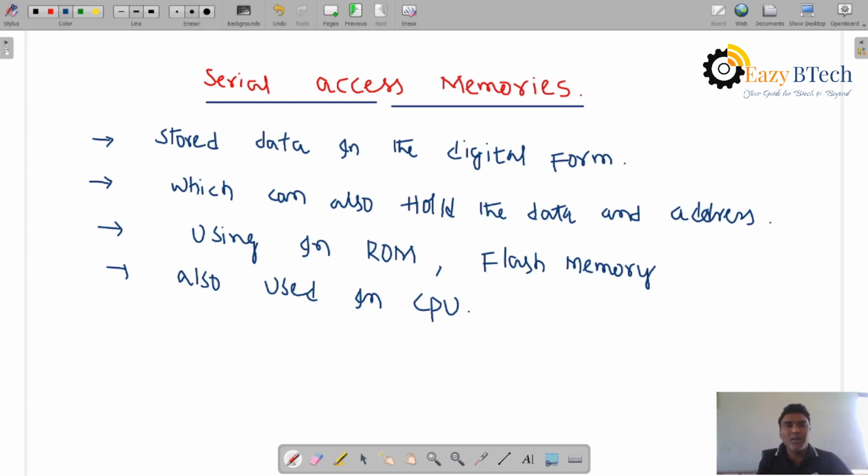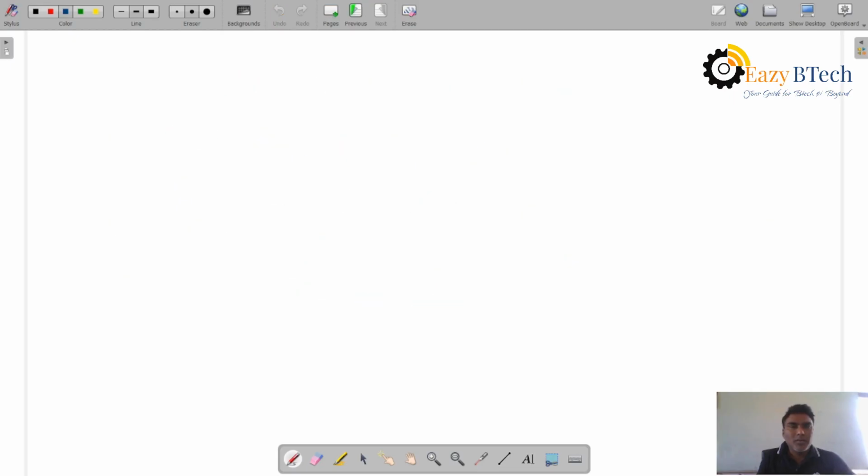So there are different types of serial access memories, right? Let us see the different types of serial access memories.